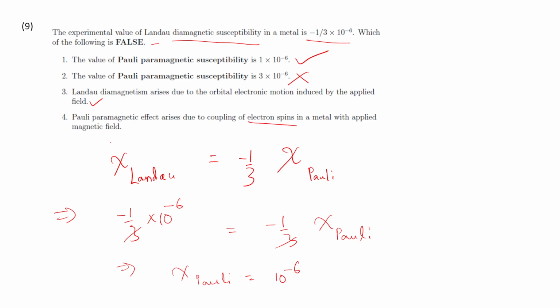So this is spin interacting with the field, and this is orbital angular momentum. It is basically the orbital electronic motion which is supplied by the field. These are true statements. If you go through the theory, you will get to know it.